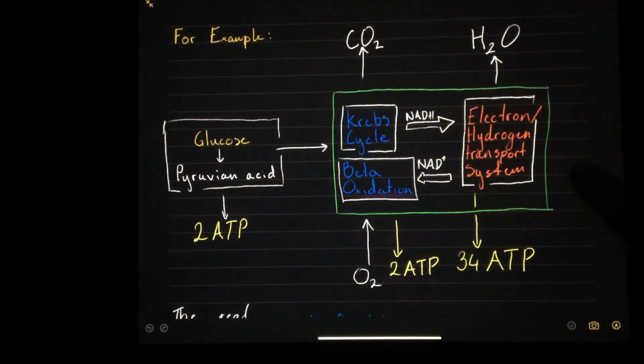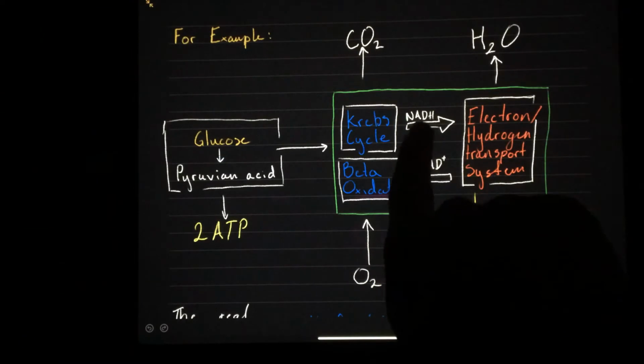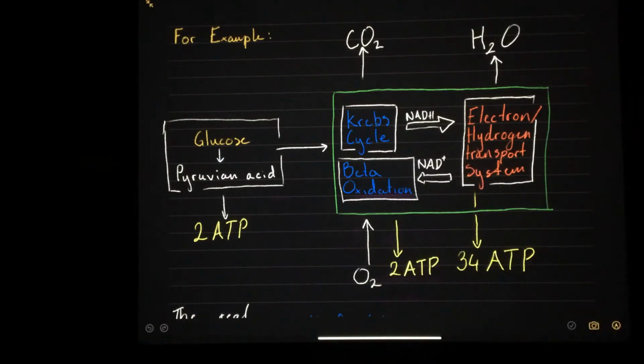And once it's created the NADH, it then goes into the electron transport system, and that is when the water is given off, and this part happens in the inner membrane, and that generates 34 ATP.